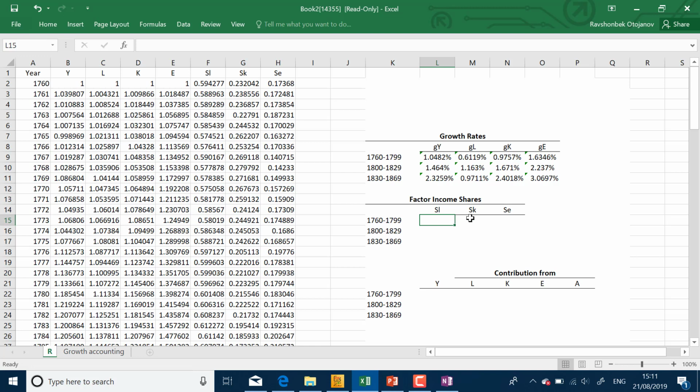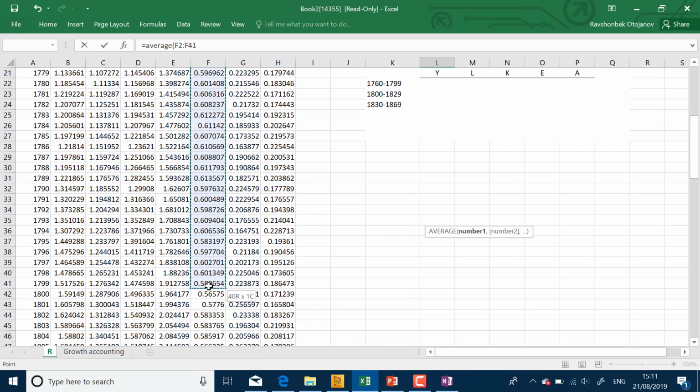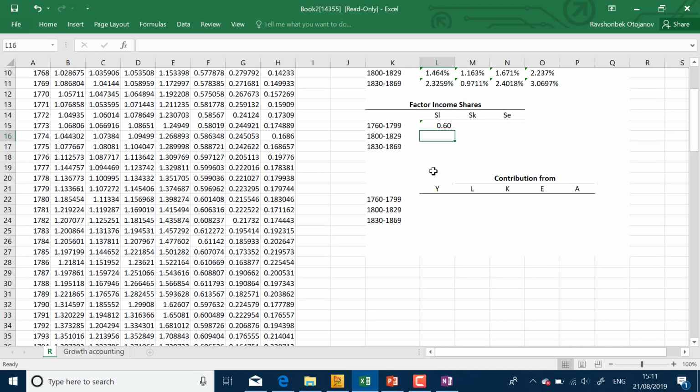Now I should really have this as a constant value, but in each period you will see that the shares change, so we'll keep it changing for each period. So it will be the average of the annual shares here for labor in the first period, so that's up to here, right? So close the bracket, hit enter, and we'll follow the same magic as before.